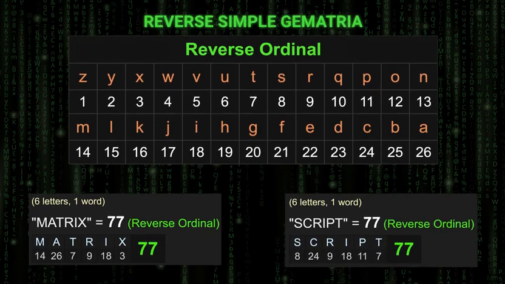In this cipher, we will calculate the value of matrix and script. And once again, both matrix and script have the same value, in this case 77. So Gematria is really speaking to us about the relation between these two words.